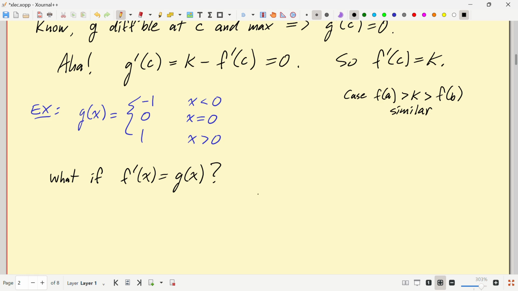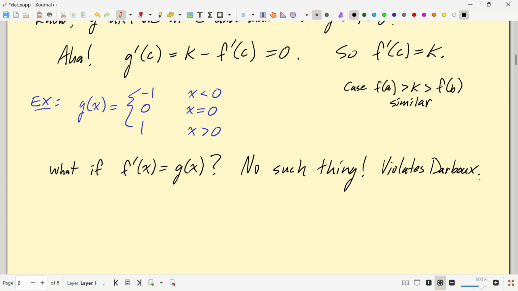Darboux would say the derivatives would have to fill in. There have to be points where the derivative fills in between minus 1 and plus 1. No such animal. It violates Darboux. Okay, so that kind of discontinuity wouldn't be allowed.